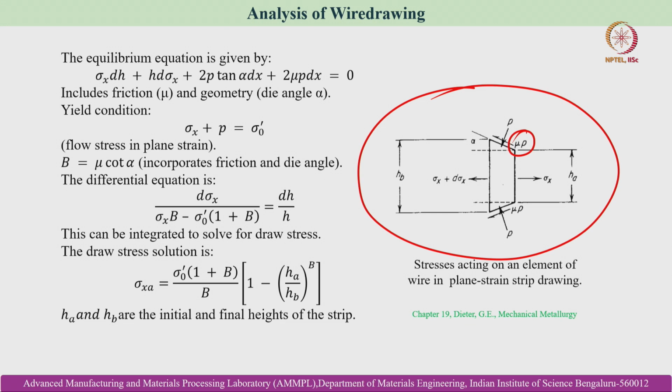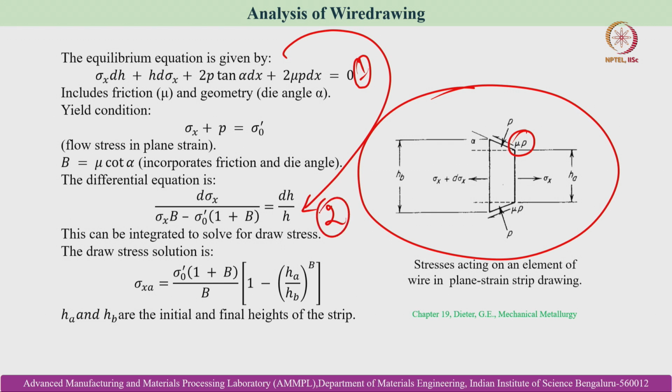So, the yield condition is sigma x plus p equal to sigma 0 prime, the flow stress in plane strain. And B is equal to mu cot alpha, which incorporates friction and semi die angle alpha. Then, if we rearrange the terms from equation 1, we can arrive at equation 2.